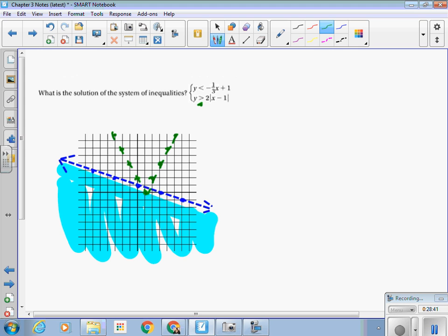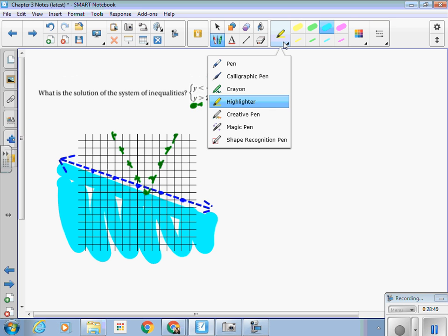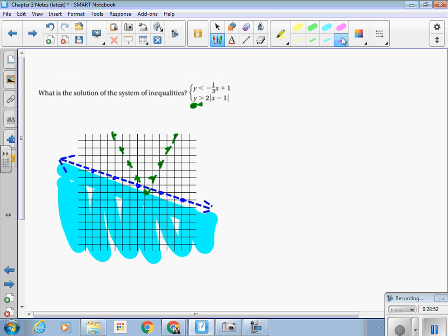And I want to shade all my y values greater than the absolute value. So that is everything inside of the V.